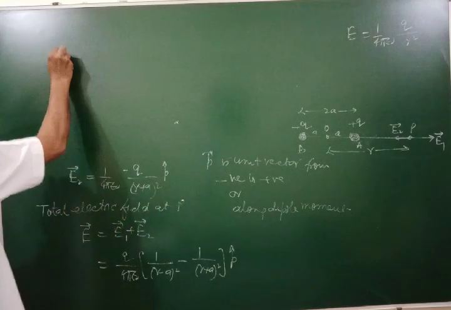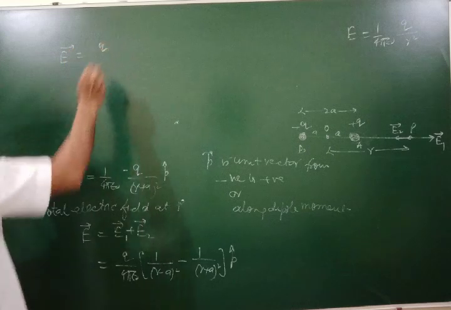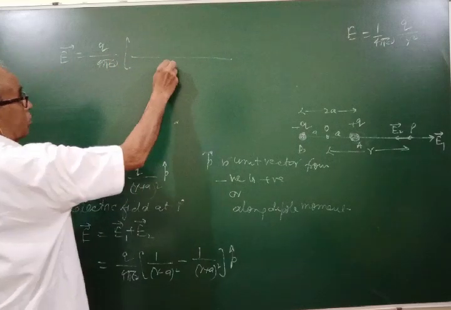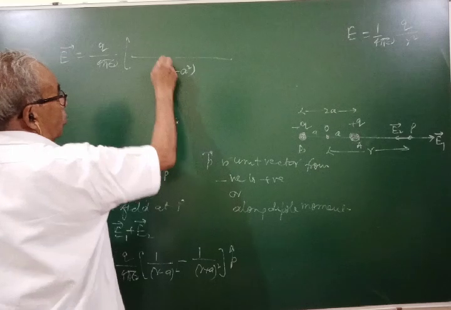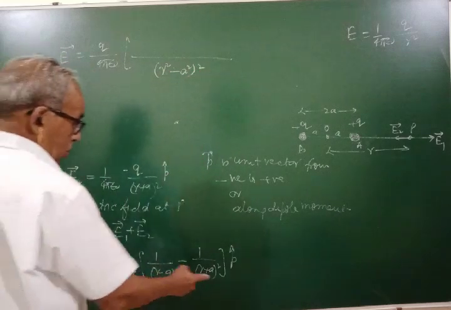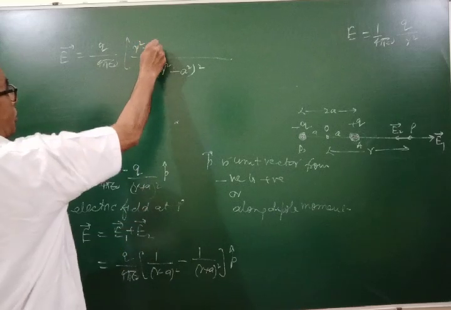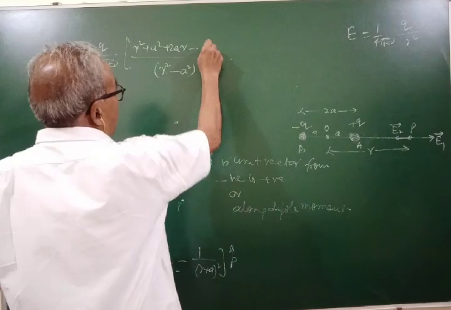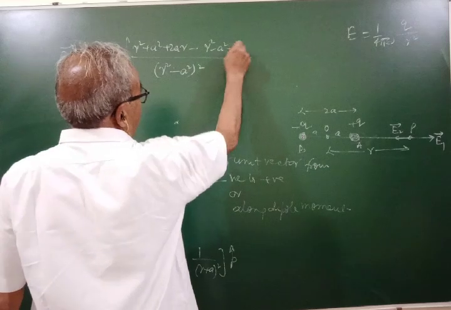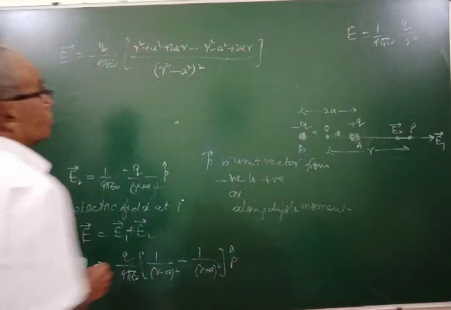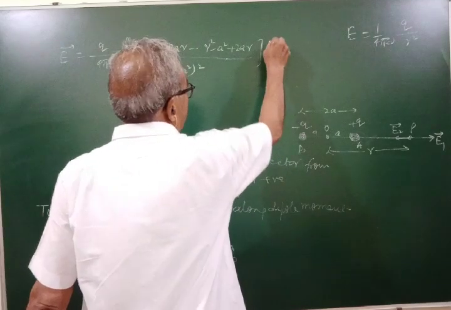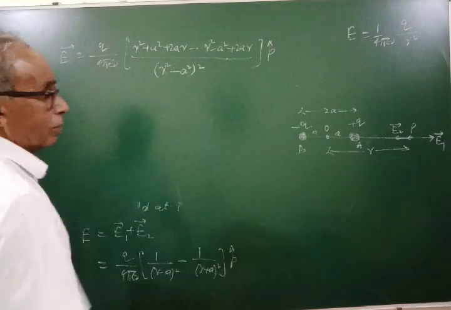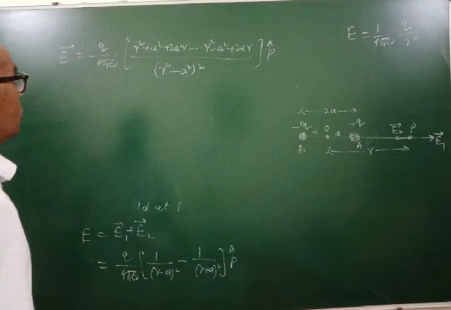So E equals q upon 4 pi epsilon 0, with LCM (r square minus a square) whole square, and in the numerator we get (r square plus a square plus 2ar) minus (r square plus a square minus 2ar). Here p cap is the unit vector along the direction of the dipole moment, from negative to positive.